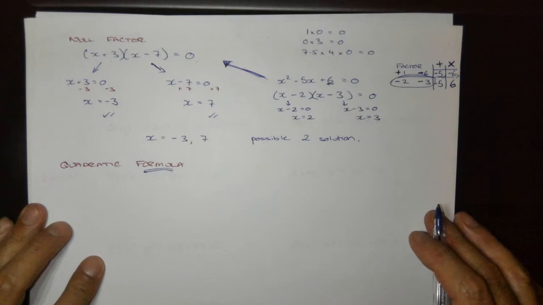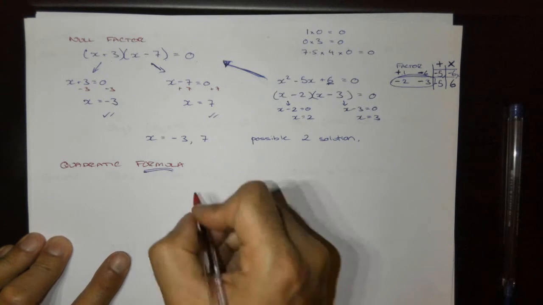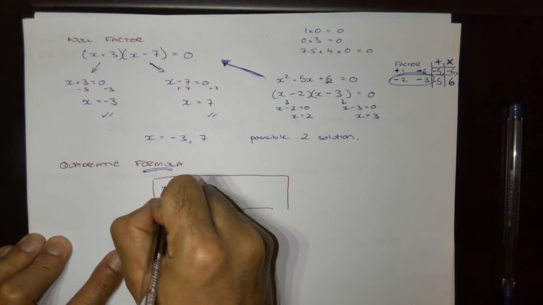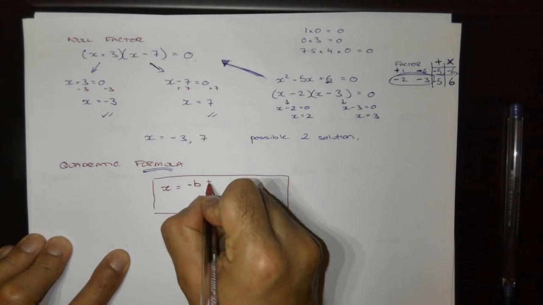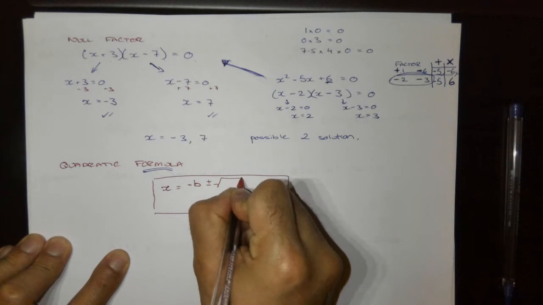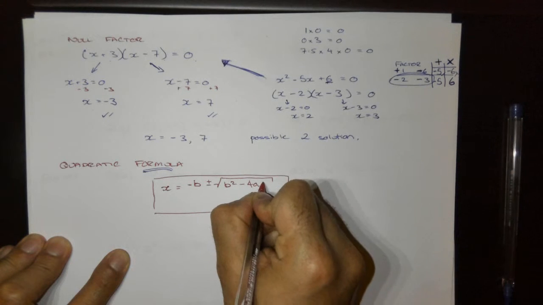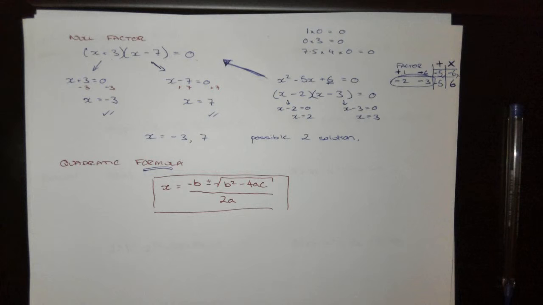So what I suggest is that this might be on your cheat sheet. And the formula is x is worth -b plus or minus the square root of b squared minus 4ac all over 2a.